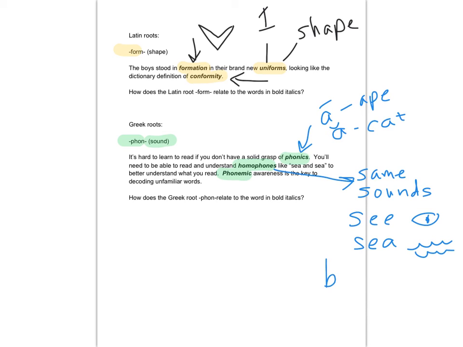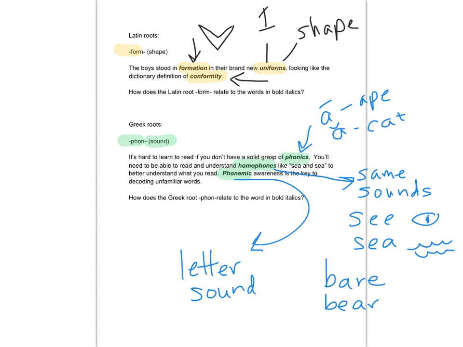Another example might be I have bare feet, so when I had to run away from the bear, I got thorns in my skin. The last word, phonemic, has to do with phonemes, and that is, again, letter sounds. So if you have a strong understanding of what the sounds letters make as you're reading, then you have phonemic awareness. So the root phone really is the core meaning of all of those words in bold italics.